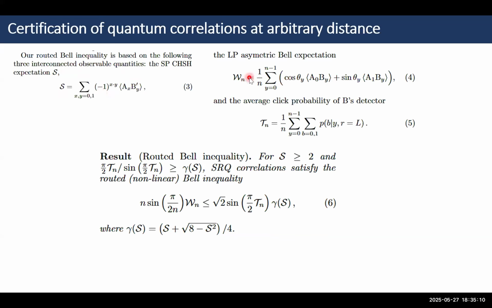Then on the long path, we introduce two Bell expressions, and then we derive a nonlinear relation that relates these three quantities, if you assume that you have short-range quantum correlations. Basically, this W plays the role of a long path Bell inequality, and the bound that you get will depend on the amount of CHSH violation in the short path, and also on this T_n quantity, which basically measures the average detection efficiency on both sides.